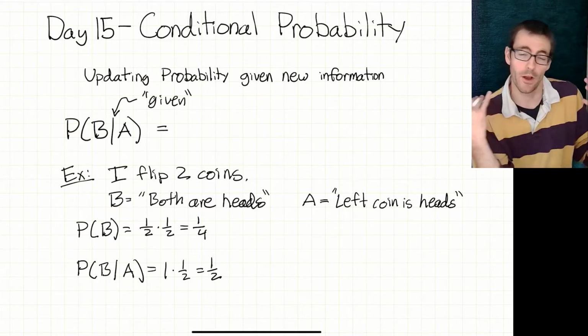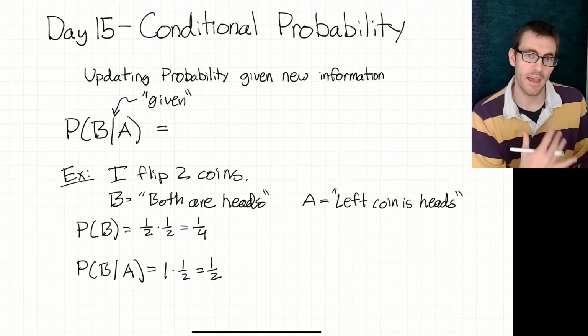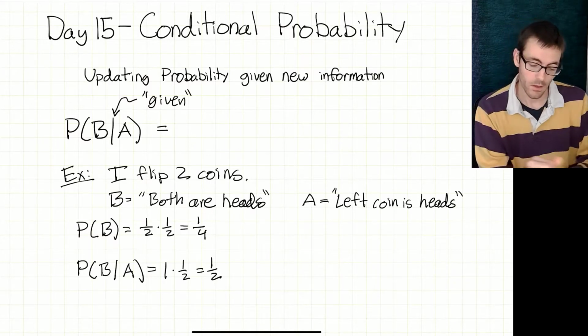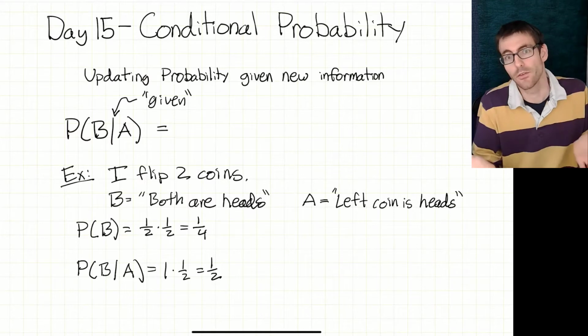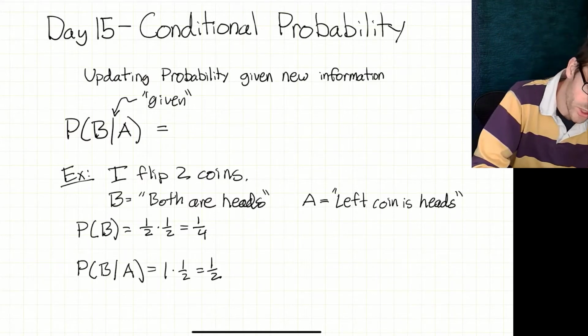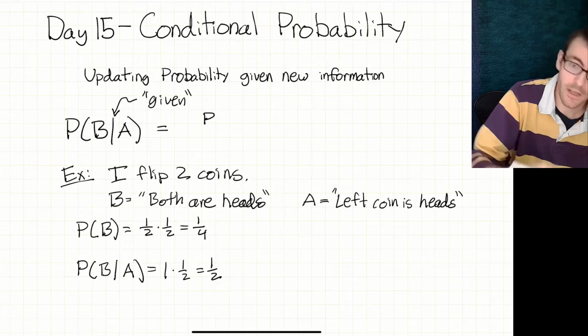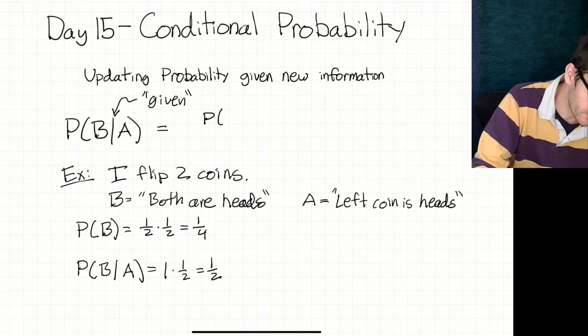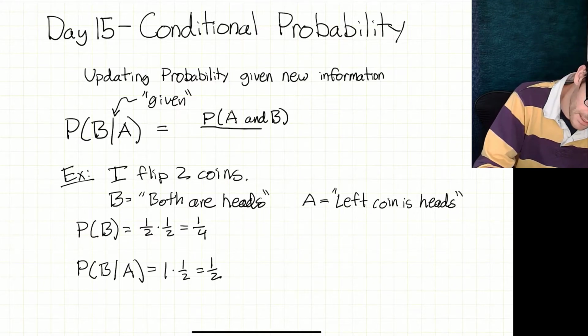We're not just talking about the probability of B, it's the probability of B in a certain circumstance. Sometimes we can just ask that directly, like we did with our coin flips. But more generally, we can say that the probability of B given A is the probability that both things occur, so A and B occur, divided by the probability that A occurs.